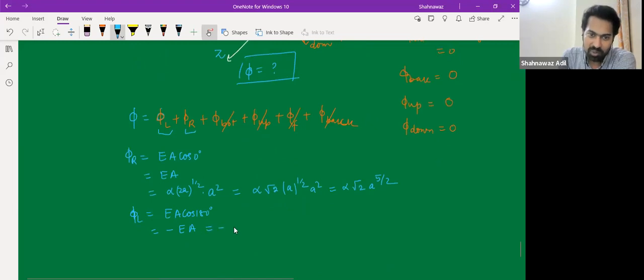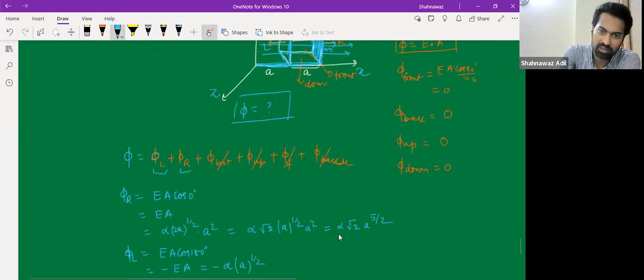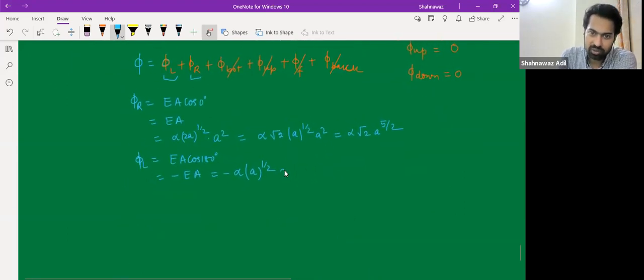So E would be alpha and x is a to the power half, right? And A is how much? If this is a cube, so this surface area is a square. So this would be minus of alpha a to the power half times a square.